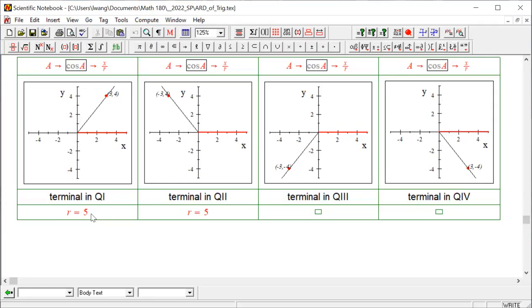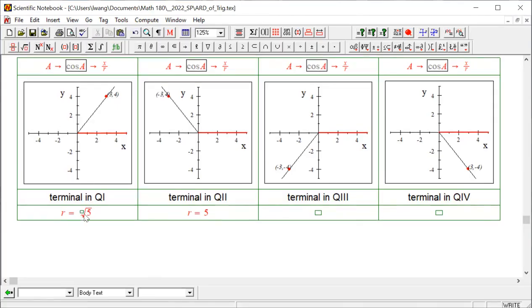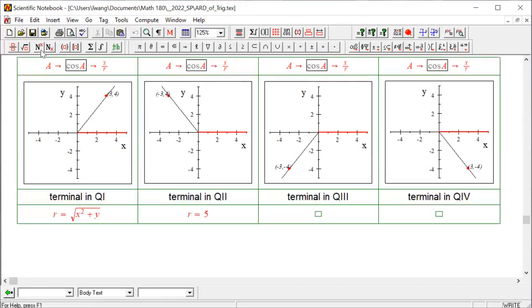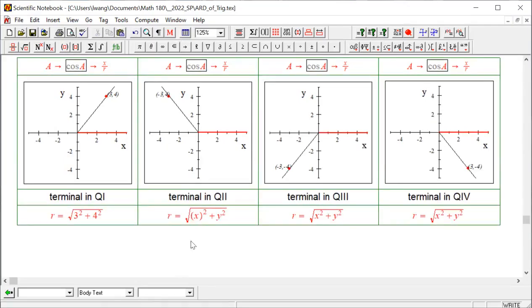So let me summarize the calculation of r, which is x squared plus y squared. Very important. Even though we introduced those definitions, in different situations, in this case, it's 3 squared plus 4 squared. In that case, the point is -3, so it's -3 squared plus 4 squared.